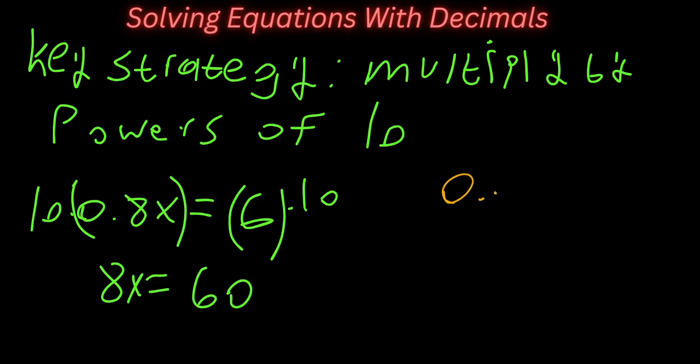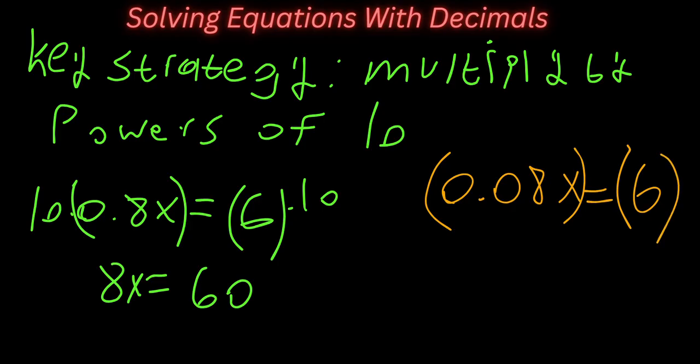So what if we had 0.08x equals 6, keeping the right side the exact same? What we do is we clear with the smallest possible power of 10.